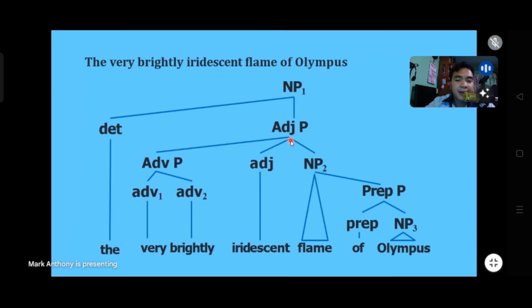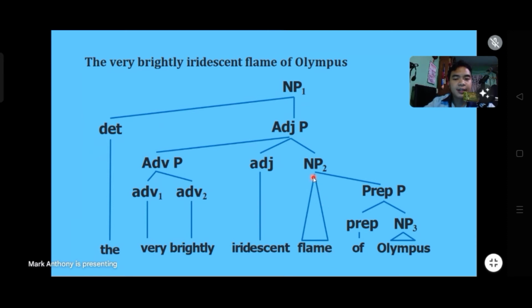The next we have is the adjective. In the adjective phrase is the adjective itself, which is the word iridescent. And next, under the adjective phrase, is our second noun phrase, which is the word flame.